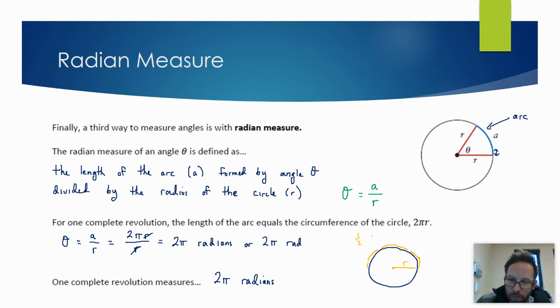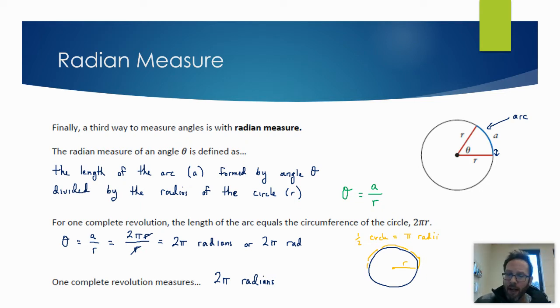Half circle equals pi of these radii. That's true for any circle. And what we just showed is that for a whole circle, it would be 2 pi, or 6.28 of those radians.